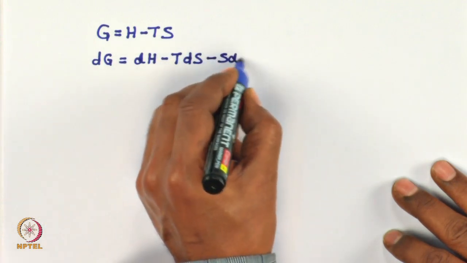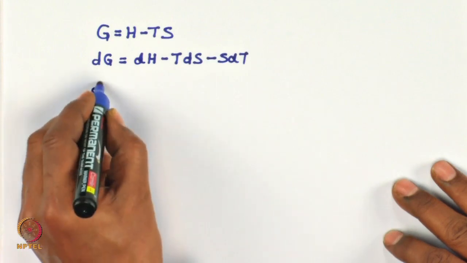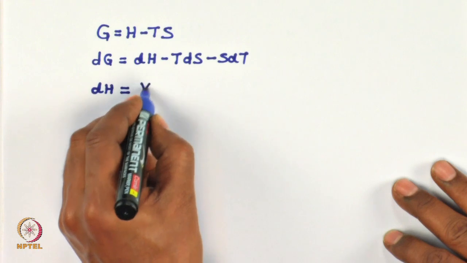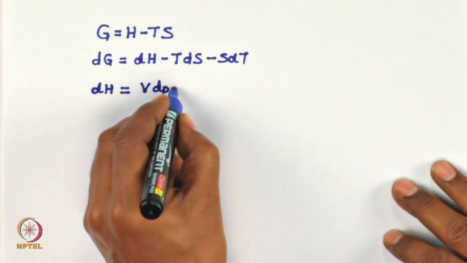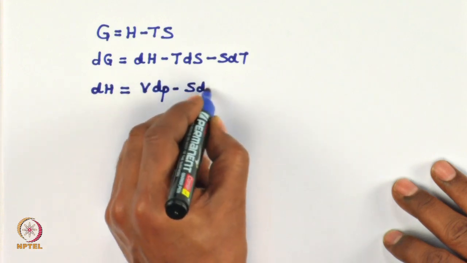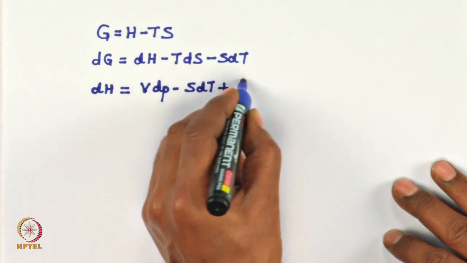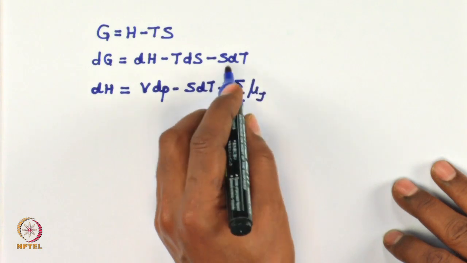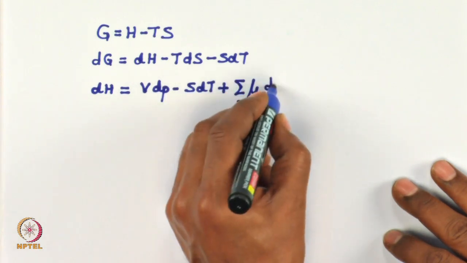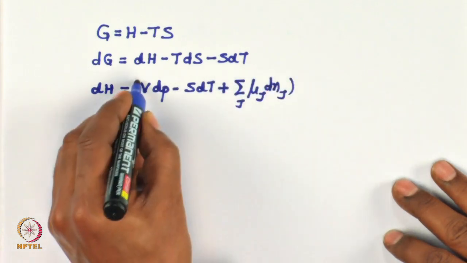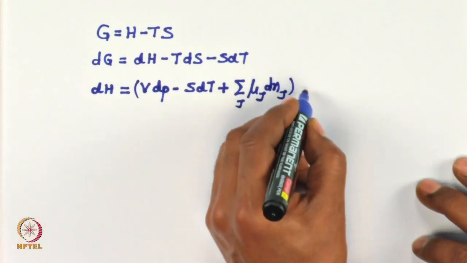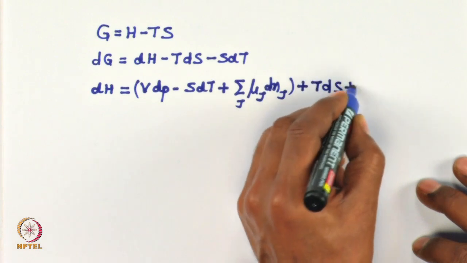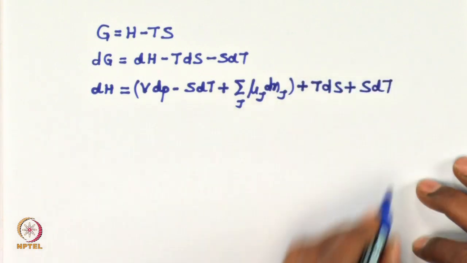minus SdT, or dH is equal to dG. dG again I am going to use the same information, VdP minus SdT plus summation j mu j dnj, this is for dG, plus TdS plus SdT.